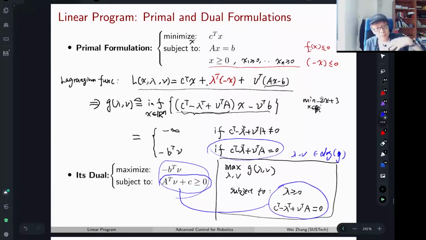Sometimes the dual is easier to solve, sometimes the primal is easier to solve.